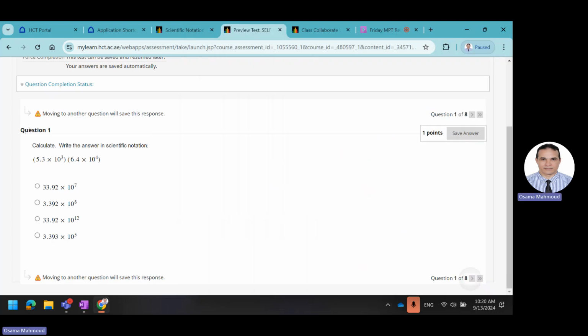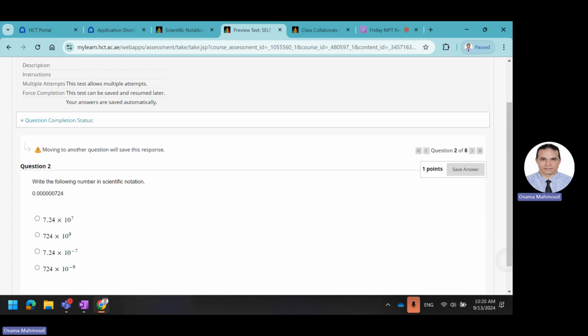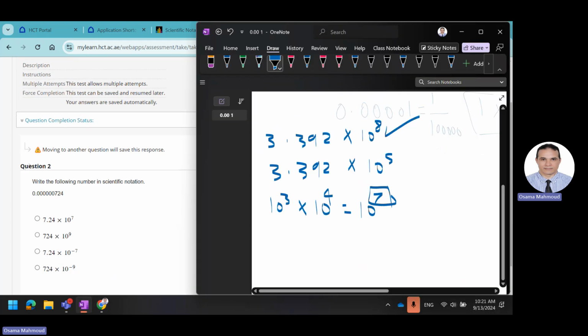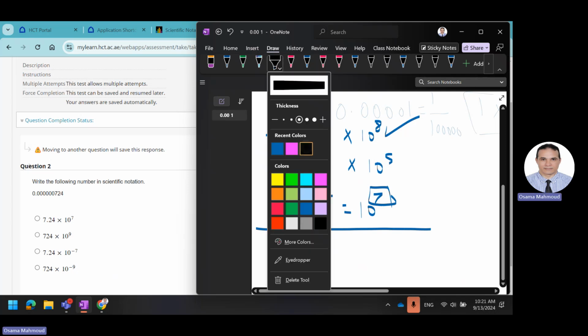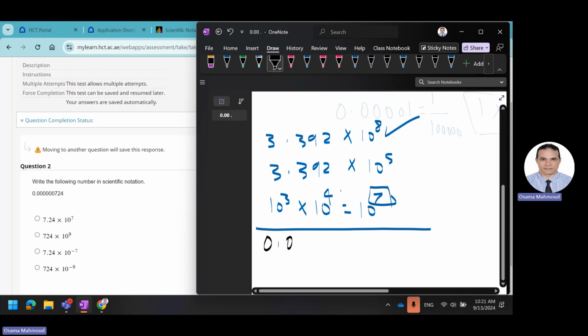Let's go for another question. Here, this is a standard notation. Okay? How to transfer this one into the scientific notation? Let's change the color. Okay? This is 0.00. I am going to move the decimal. How many zeros do I have? I have 6. Okay? And 7, 2, 4.